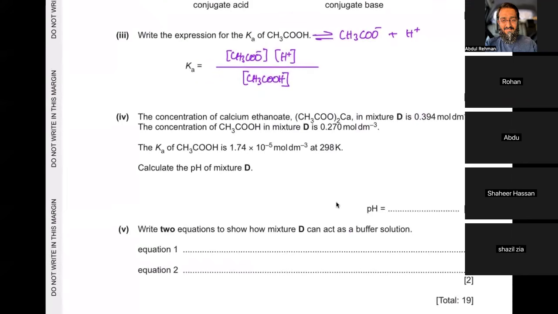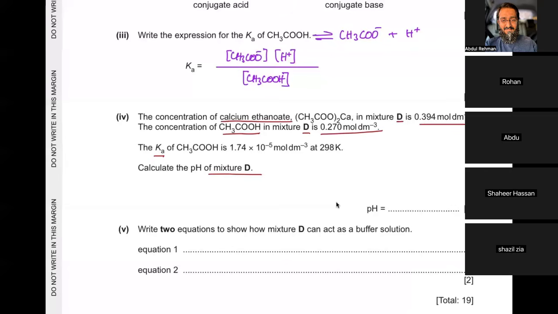Now, the concentration of calcium ethanoate in mixture D is 0.394 mol per dm cube. The concentration of ethanoic acid in mixture D is 0.27 mol per dm cube. Calculate the pH of mixture D. If you see, mixture D is a buffer solution, isn't it? Because it has a weak acid and its salt both. They give you the concentration of calcium ethanoate, not just the ethanoate ion.